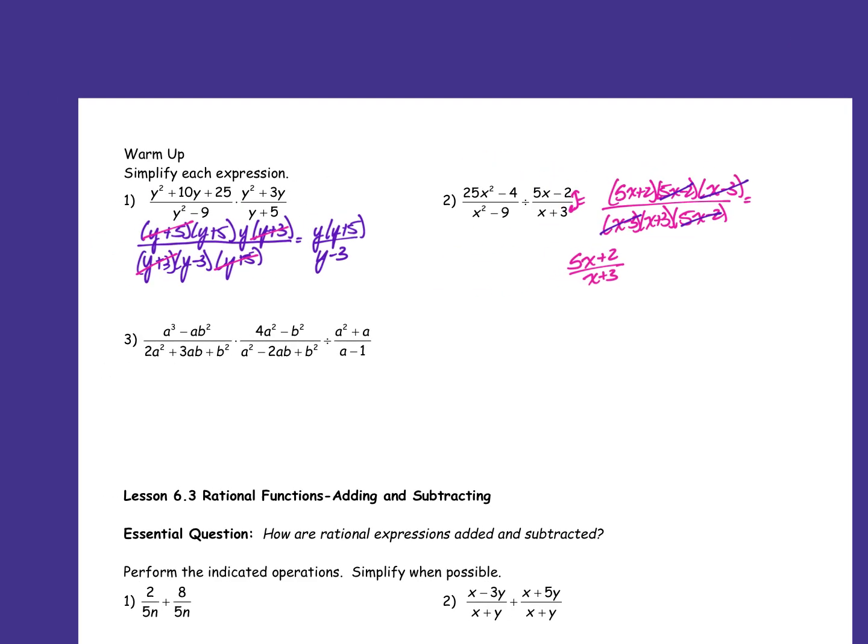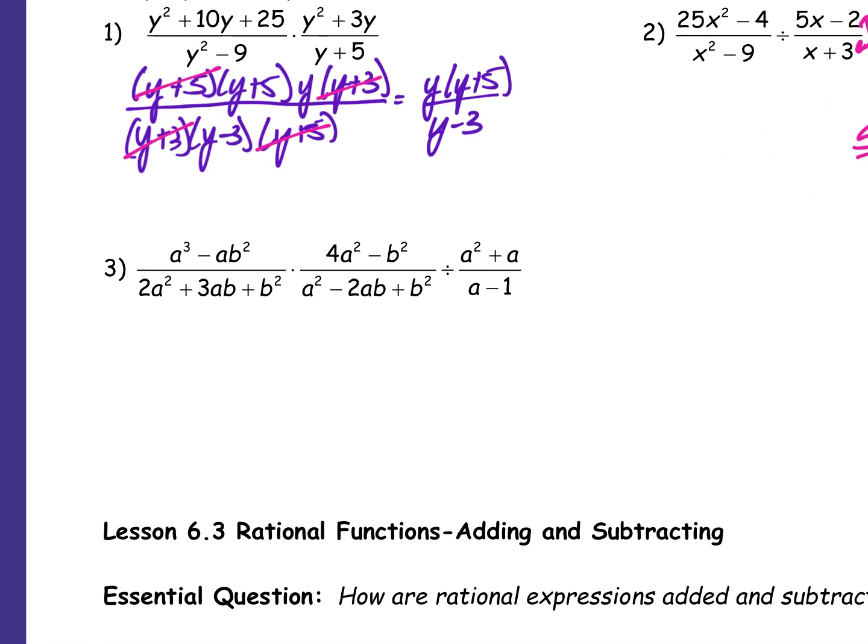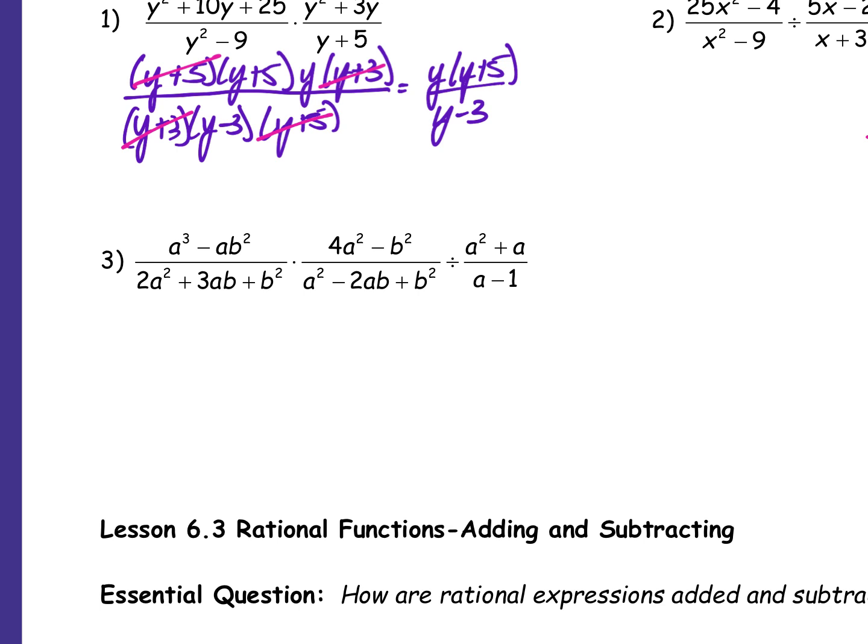Okay, and then we get this one. So out of this one, I'm going to factor an a. And if I factor an a, I get a squared minus b squared, which factors to a minus b times a plus b.